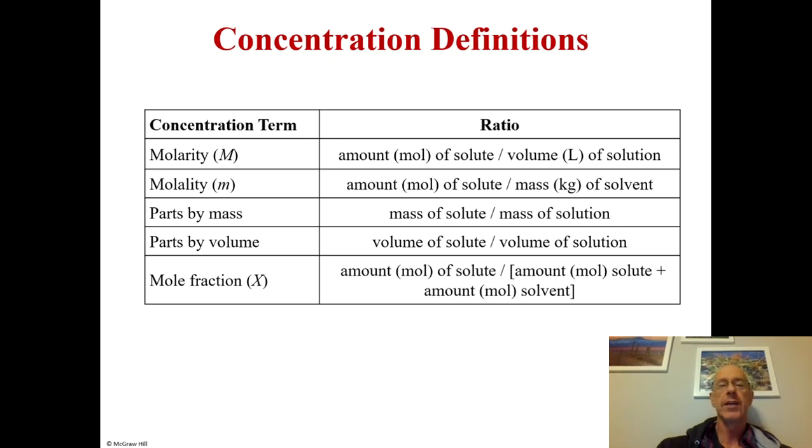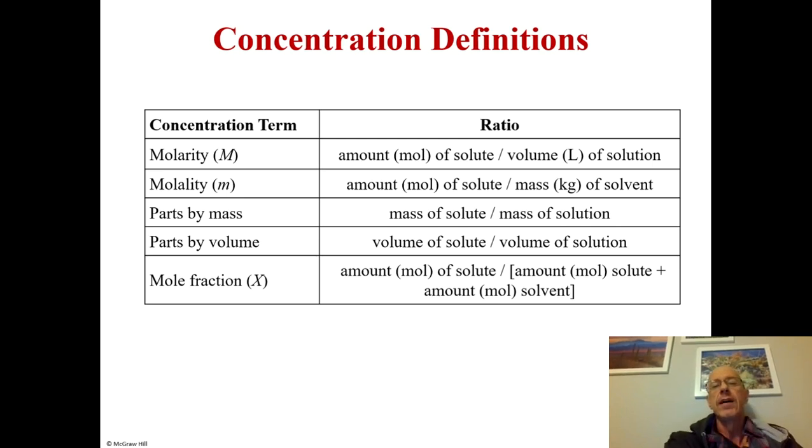We're going to segue into colligative properties, but before we do that, we need to refresh our memory about concentration units and bring in a couple of more concentration units that are important. Back in the end of Chapter 3 and Chapter 4 in Gen Chem 1, you learned about molarity, which was an expression of concentration for a solution.